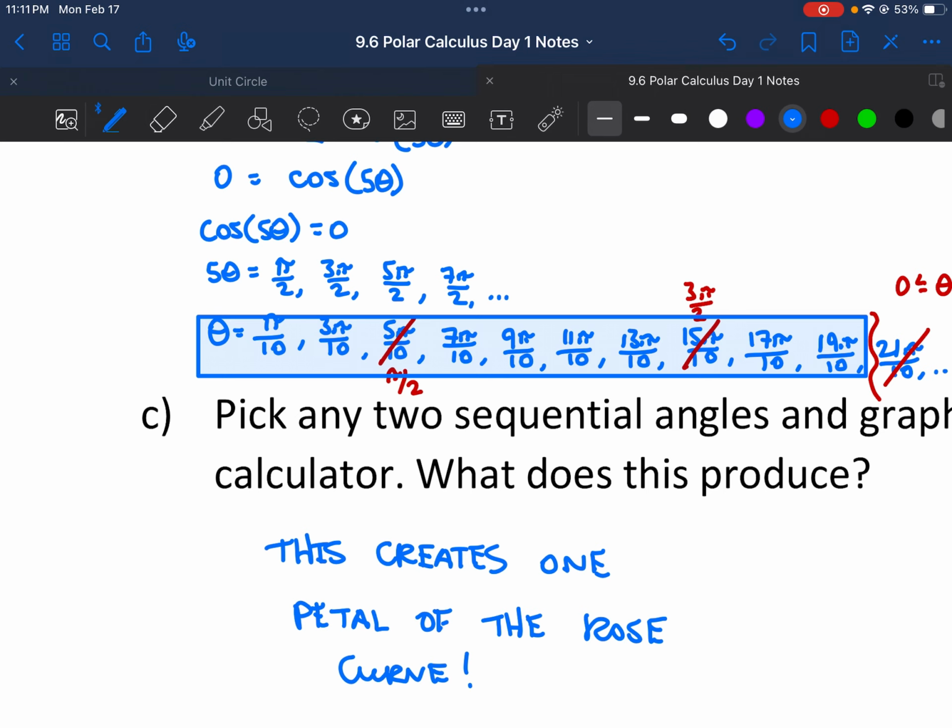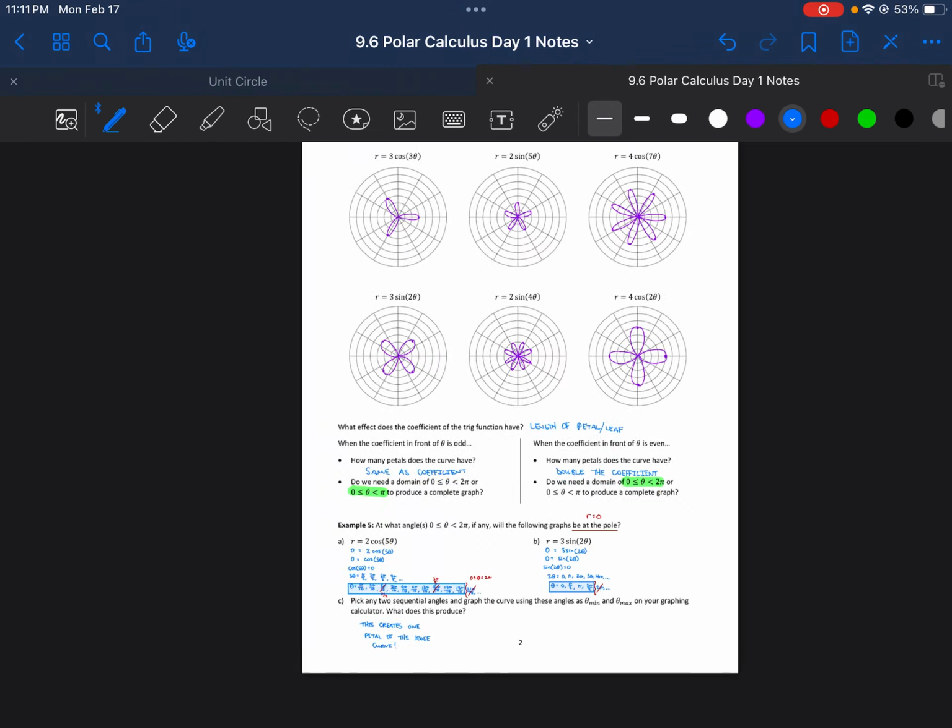This is going to be important for us in the future, in the next set of notes, when we try to find something like the area of a single petal of a Rose curve. We would want to have 2 sequential angles where r is equal to 0 to be our upper and lower bounds of an integral, for example. But that'll be a topic for the future.